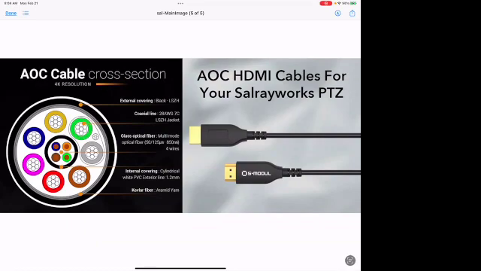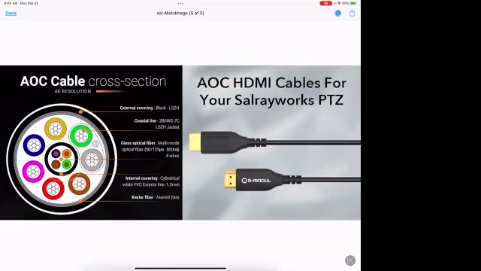So at the center, right here, they have all of the optical fibers. They have them at a distance, obviously, so they don't quite touch each other.